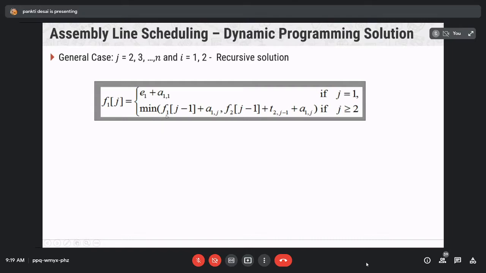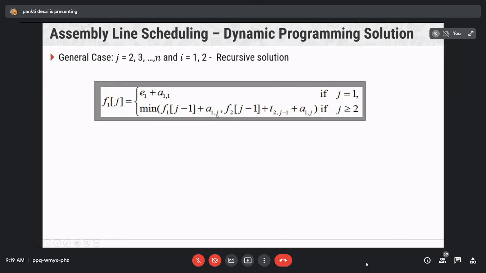So the minimum of F1,j minus 1, the previous station's time, plus the current station's time, that is A1j.